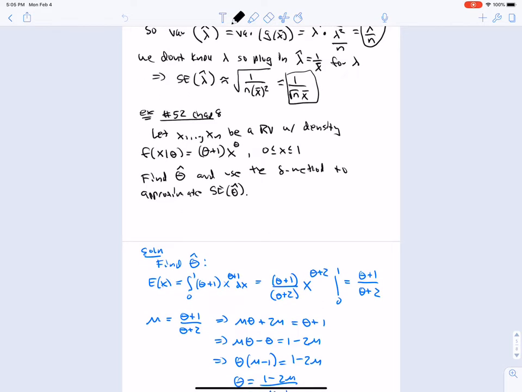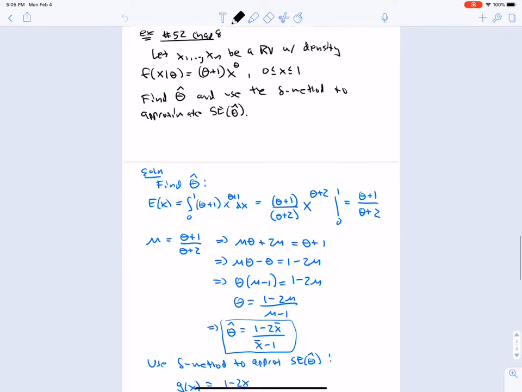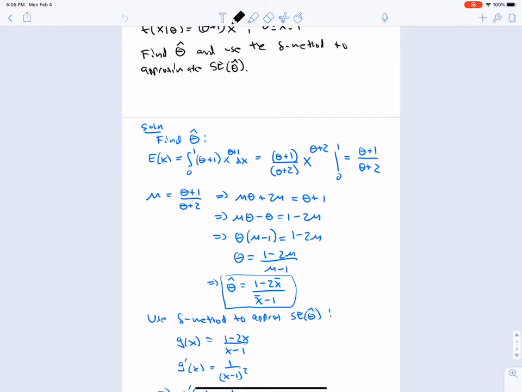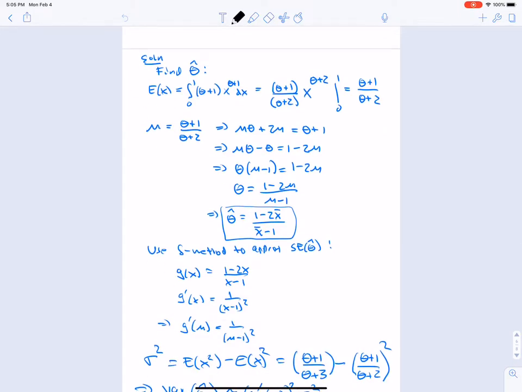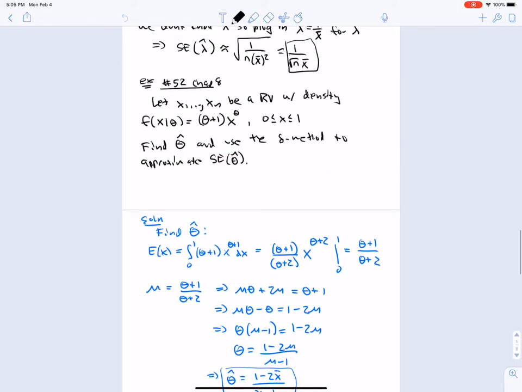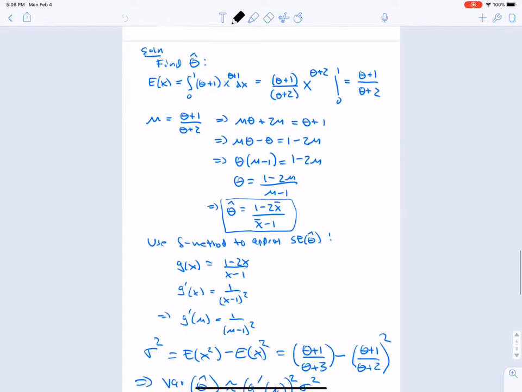So here's another example I had you practice. If x1 to xn is a random sample with a given density, find the MOM estimator and use the delta method to find the SE. So it's just more of the same. Again, it's easy to calculate the expectation of x, and hence the MOM estimator, because our density has just one parameter.